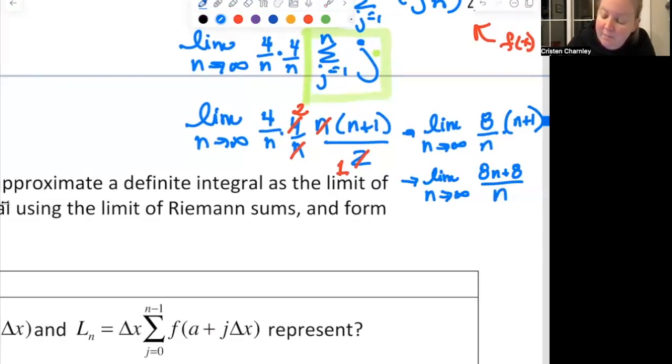Yeah, we can use L'Hopital. So the derivative of the top is 8. The derivative of the bottom is 1. Our little LH, not mathematically accurate, just our little reminder to ourselves. Now there's no place left to put the infinity. So what's the answer? It's 8. Ta-da!